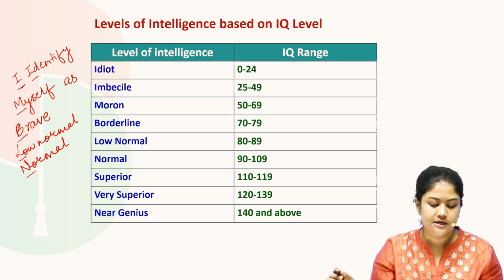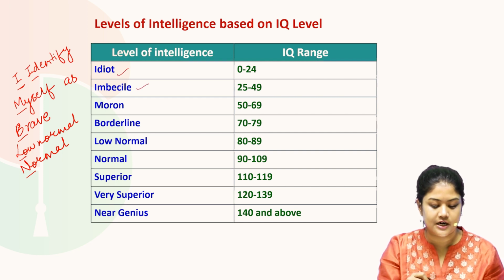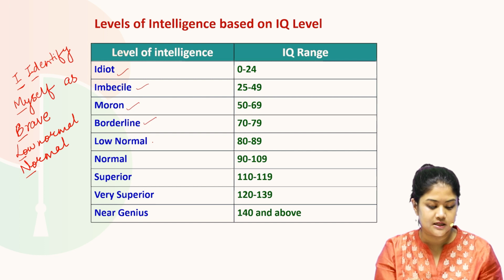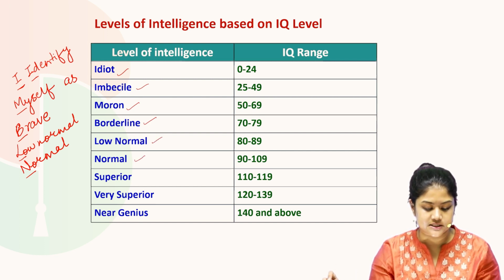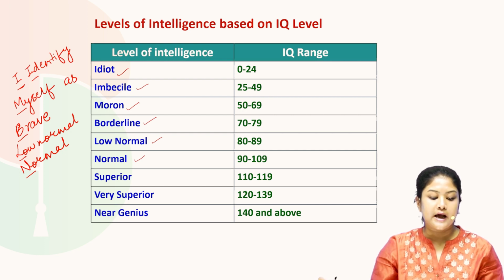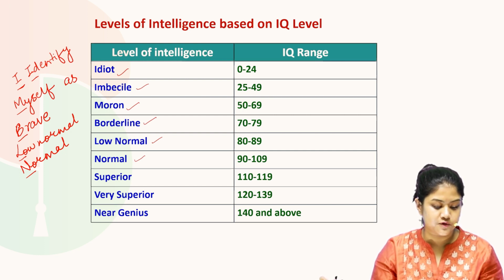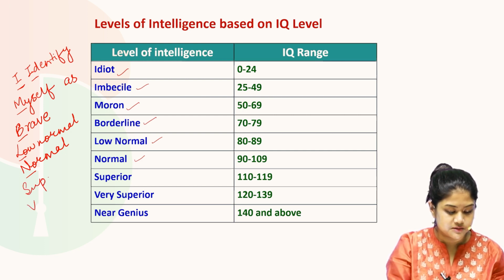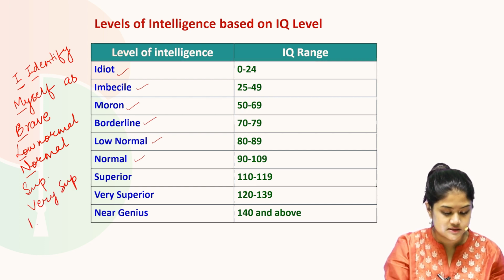For I, we have idiot, another I, imbecile, for M, moron, for B, borderline, for L, low normal, and the rest same as given. That is, the formula is: I identify myself as brave, low normal, superior, very superior, and near genius.